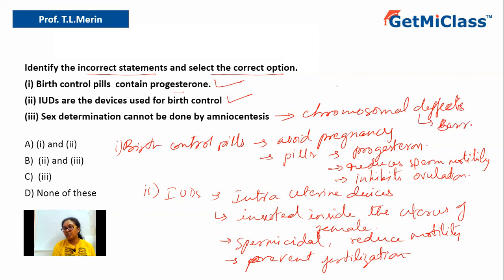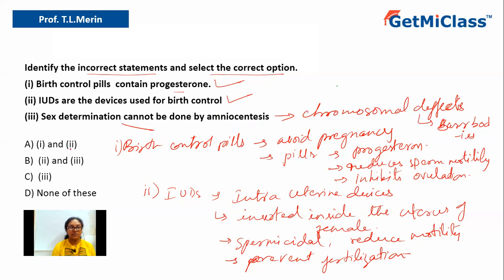The number of bar bodies will tell us whether the baby is male or female. If it contains one bar body, it is female. If it contains no bar body, it is male, because bar bodies are found only in females. That is how amniocentesis can be used for sex determination. But here it is mentioned cannot be used, so this is the incorrect statement.